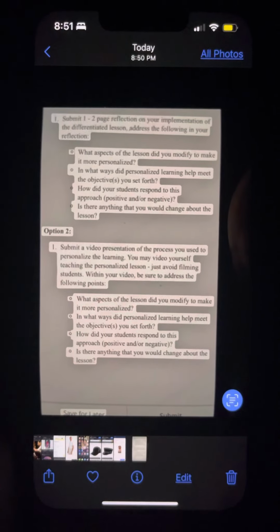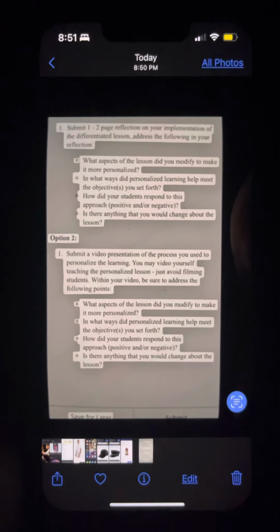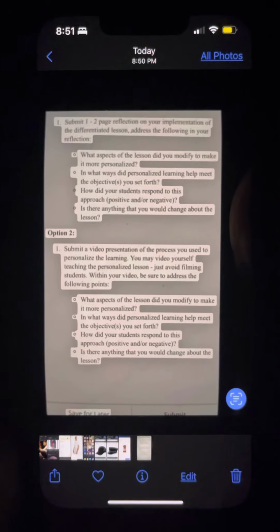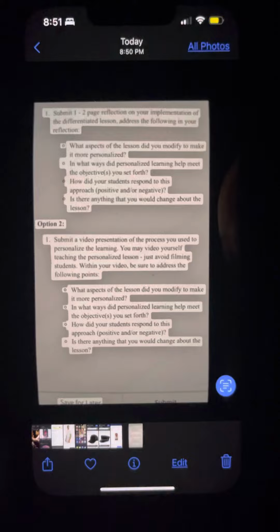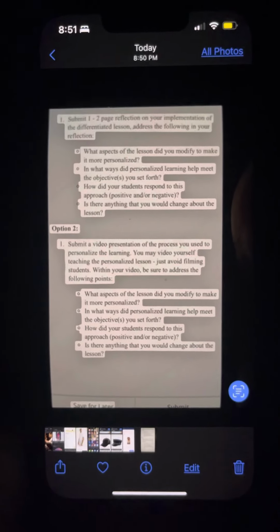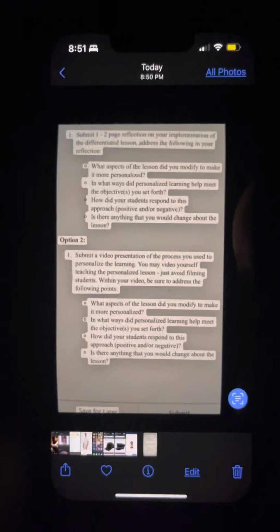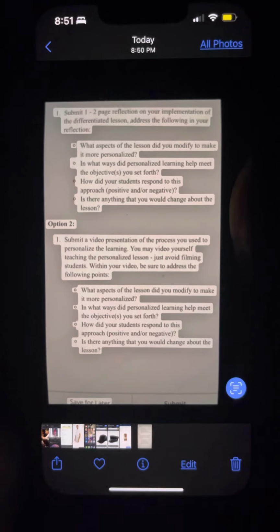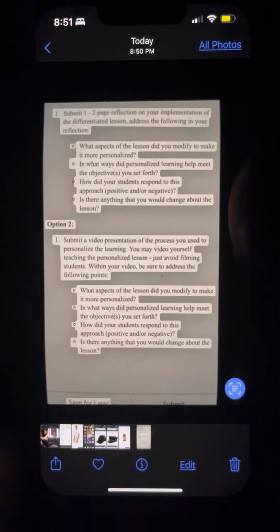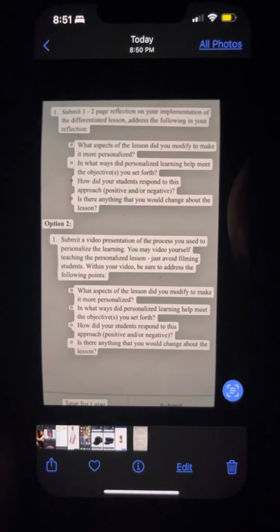So the main idea behind this week's module is personalization of lessons. Considering that I am a PE teacher, the aspect of the lesson that I had this week was to personalize soccer.